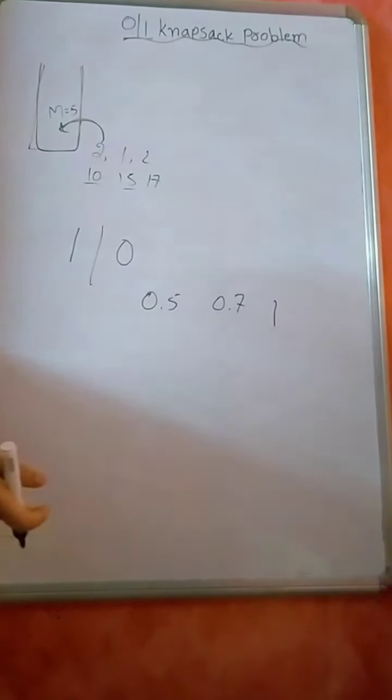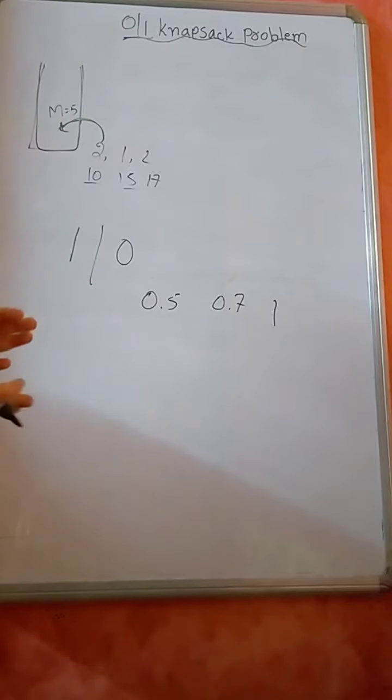That is called a fractional object. I may cut the object in half and put it into the knapsack. In the 0-1 knapsack problem, that option is not there. Either you select the object and put it into the knapsack, or you completely reject it. That is what we do in a knapsack problem.